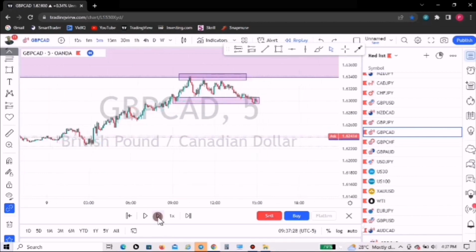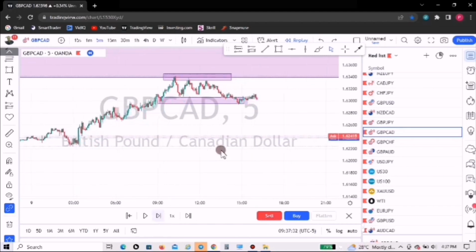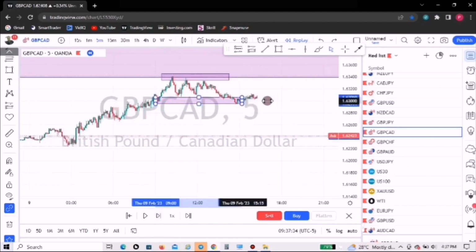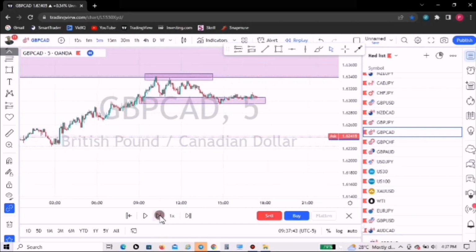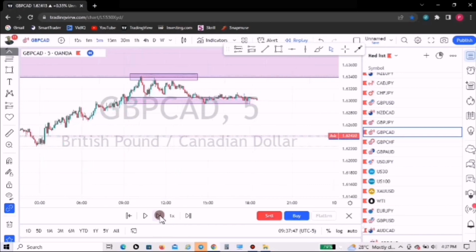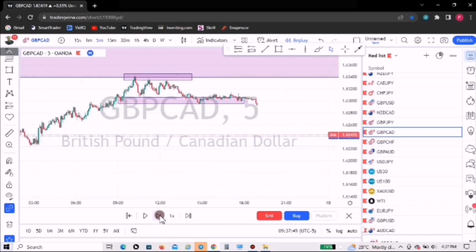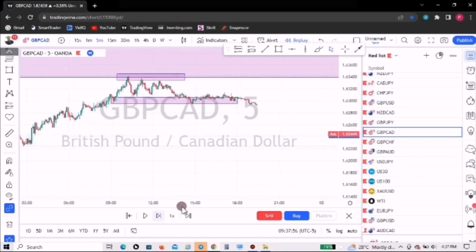Now price is crossing your lower key level. You are still holding. Look at how price is respecting that key level. Okay, now price clearly is showing signs of closing below your key level.